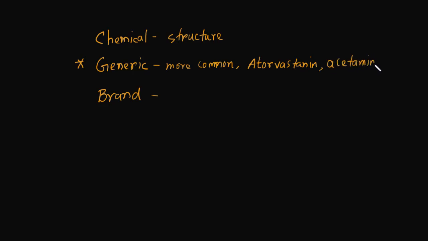A single drug may have multiple brand names because different manufacturers want to brand their product with different names. So how do these brand names actually come about in the first place? The brand names are given by the pharmaceutical company because, for example, they were the first to develop these drugs.